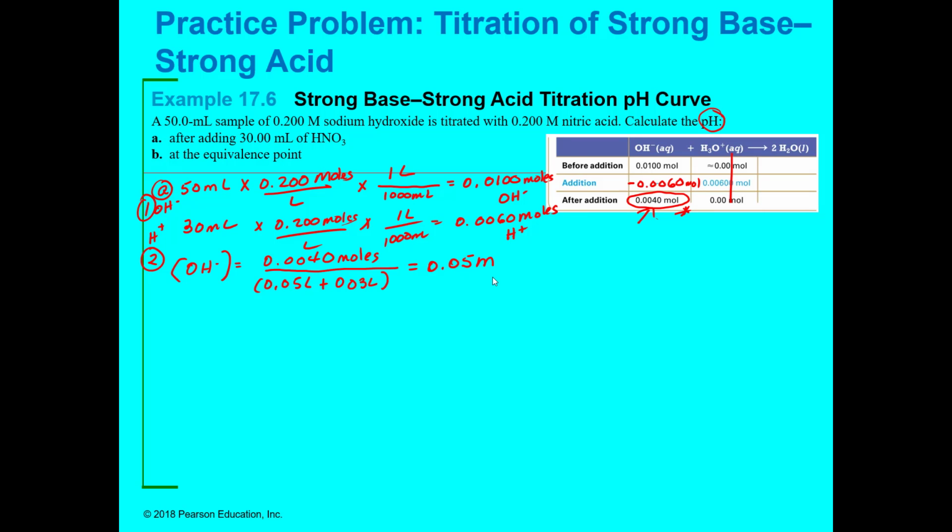If I want to know the concentration, I've got to divide it by the total volume, which was 50 milliliters plus 30 milliliters, which is 0.05 molar hydroxide. So since I know the hydroxide concentration, I can calculate the pOH. It's going to be the negative log of that.